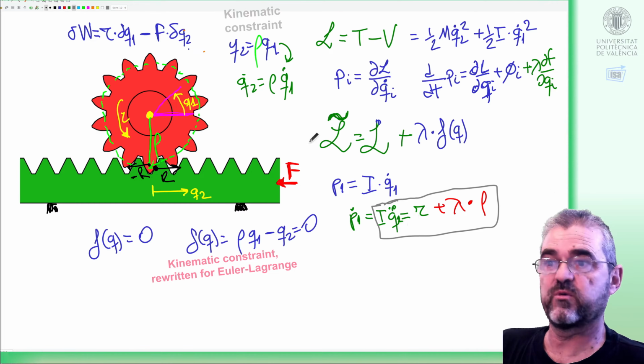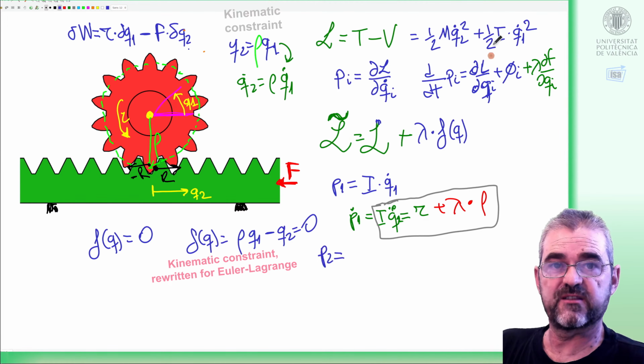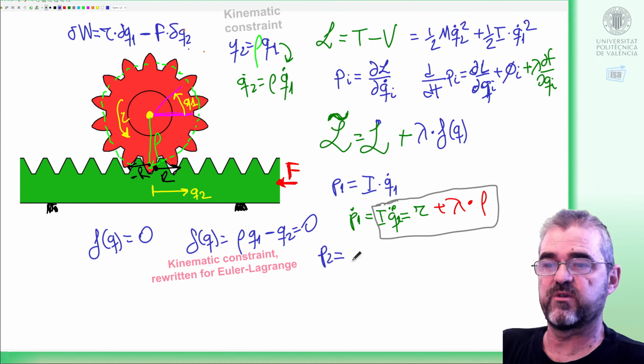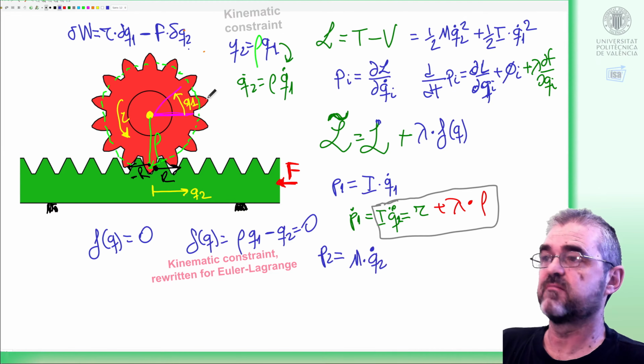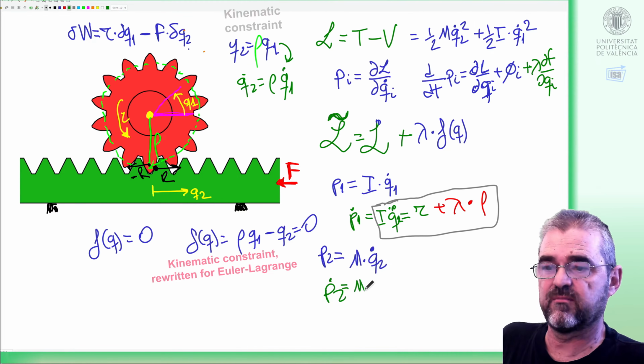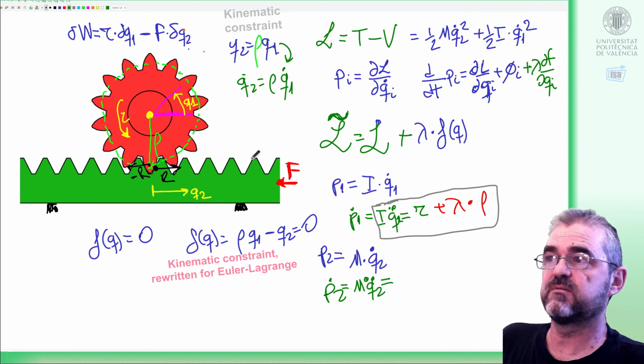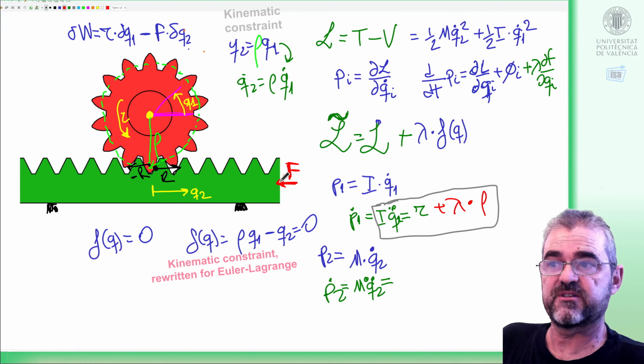Indeed, I need further equations with P2, the partial of this with respect to Q2 dot, which will be mass times linear speed, and then its time derivative, P2 dot, equal to mass times acceleration of Q2, equal to exogenous terms, which in this case is minus F. Tau does not do work on Q2, not directly. Of course, it will be via reaction forces.